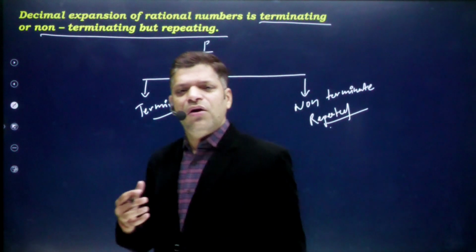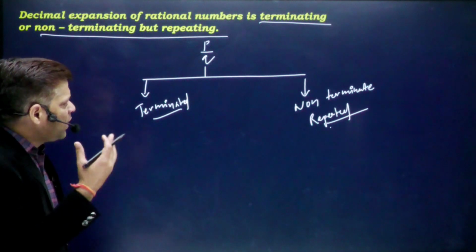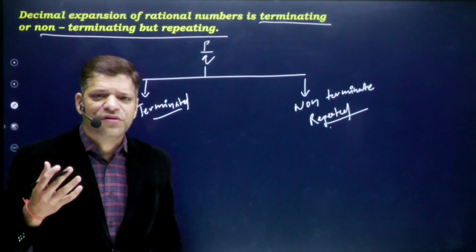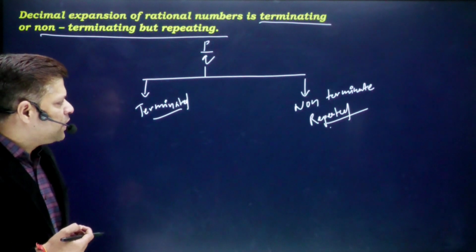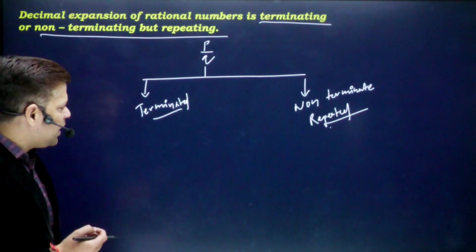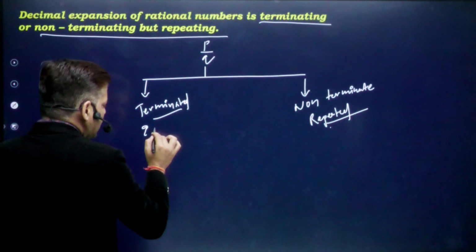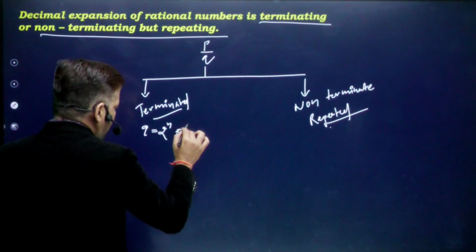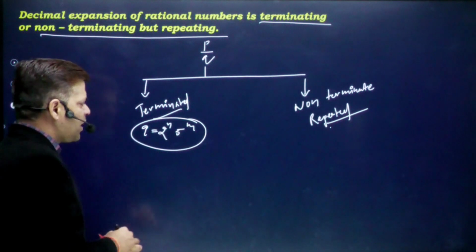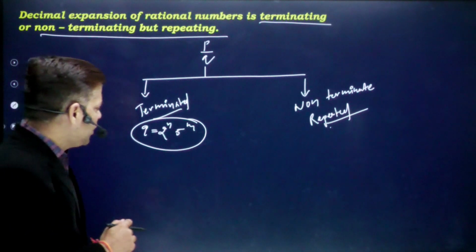So without any long division, how do we recognize whether the decimal expansion of a given rational number is terminating or non-terminating? For that we concentrate on the denominator q. If q is in the form of 2 raised to the power n, 5 raised to the power m, then the decimal expansion will be terminating.